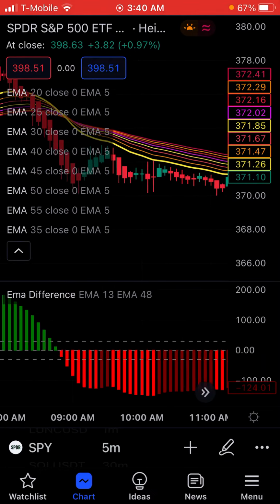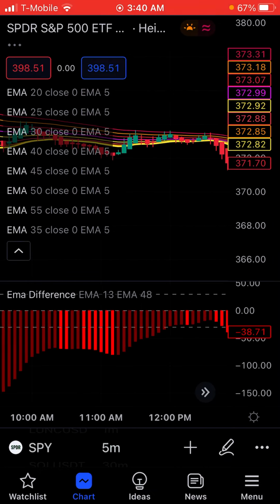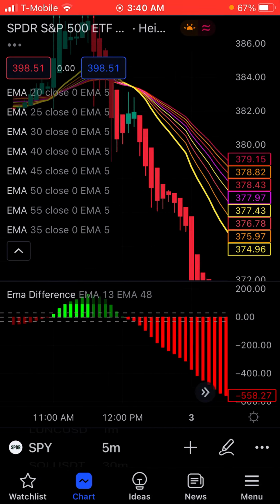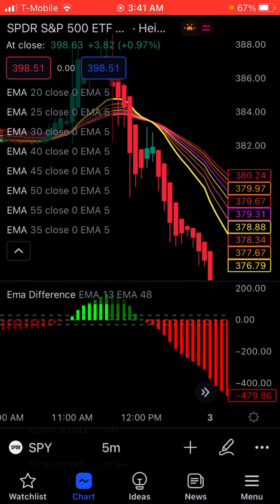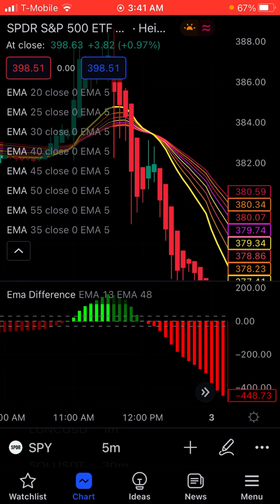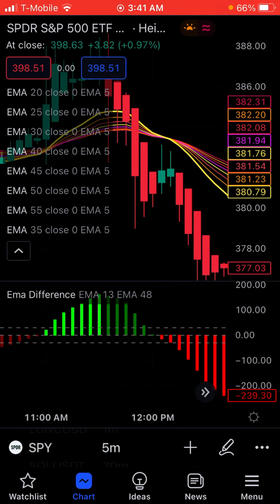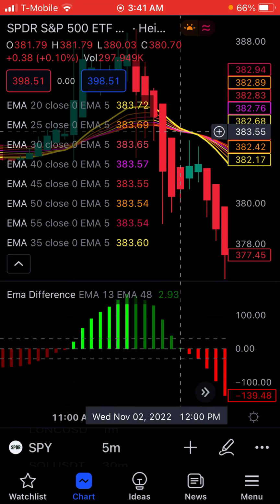So let's do this one more time, and I think you guys get the general idea. The first thing you want to look for is the 20 EMA crossing all the way through the 55. So you see right here, the 20 EMA crossing all the way through the 55.